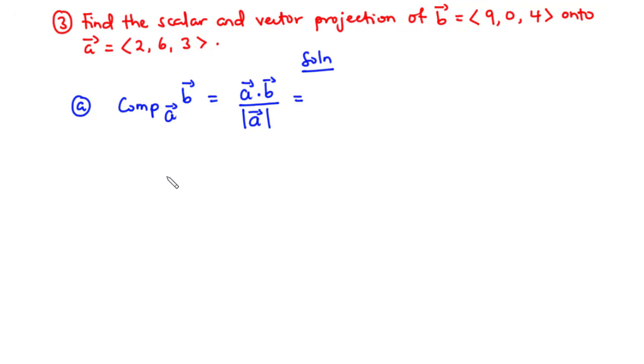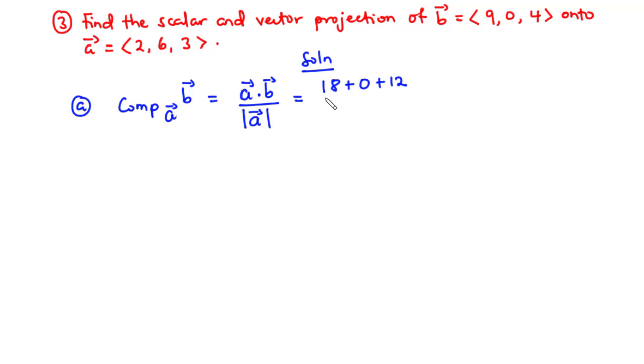Now let's find the dot product of vector A and B. Basically, we are going to multiply the corresponding components and then sum them up. 2 times 9 is 18, 6 times 0 is 0, and then 3 times 4 is 12.